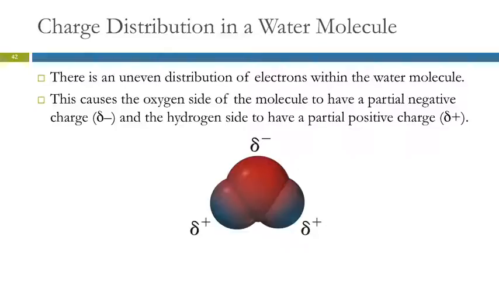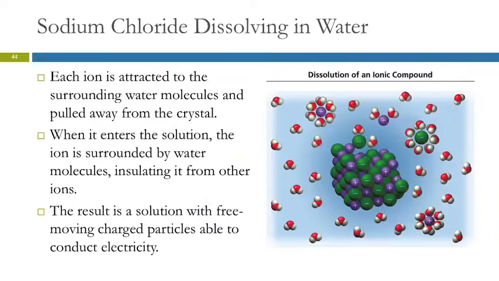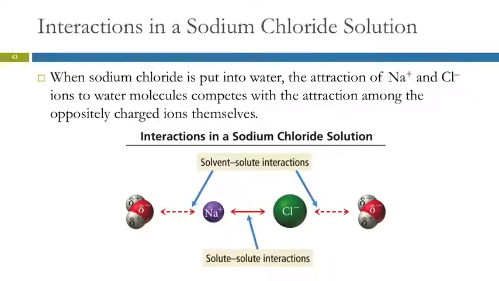So when we put sodium chloride into water, sodium chloride has sodium ions and chloride ions. The sodium ion is attracted to the negative end of the water molecule. There's an attraction there. The chloride ion is attracted to the positive end of the water molecule.